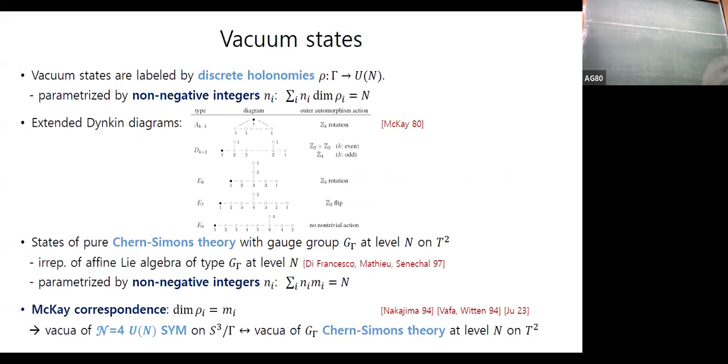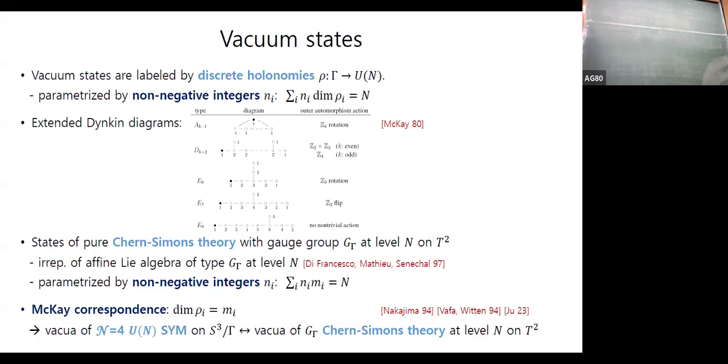And this is nothing but the extended Dynkin diagram of the compact Lie group. And if you're familiar with Chern-Simons theory, you can think of it as actually the states of Chern-Simons theory. So the states of pure Chern-Simons theory with gauge group now given by the compact Lie group, ADE type, given by the McKay correspondence, at level n on the torus, is given by the representation of alpha in the Lie algebra, parameterized by non-negative integers.